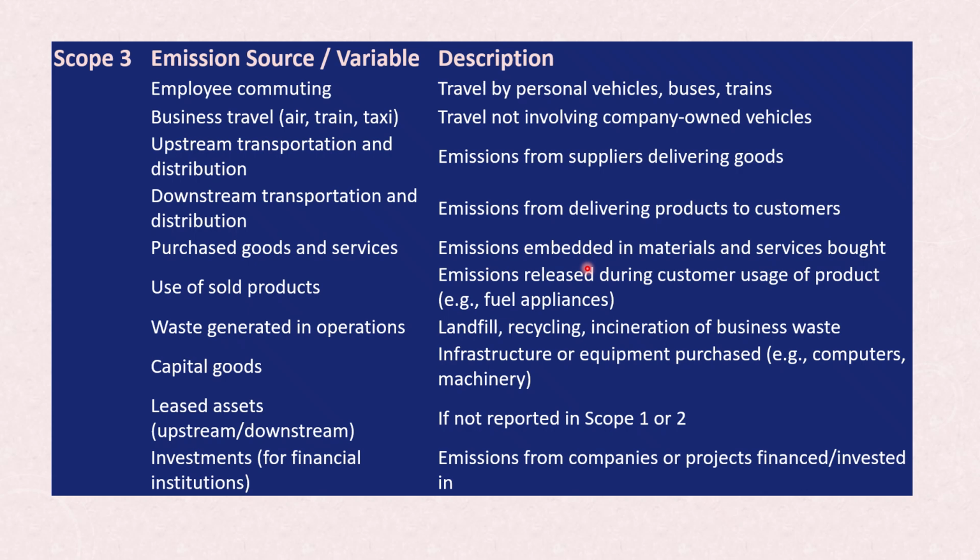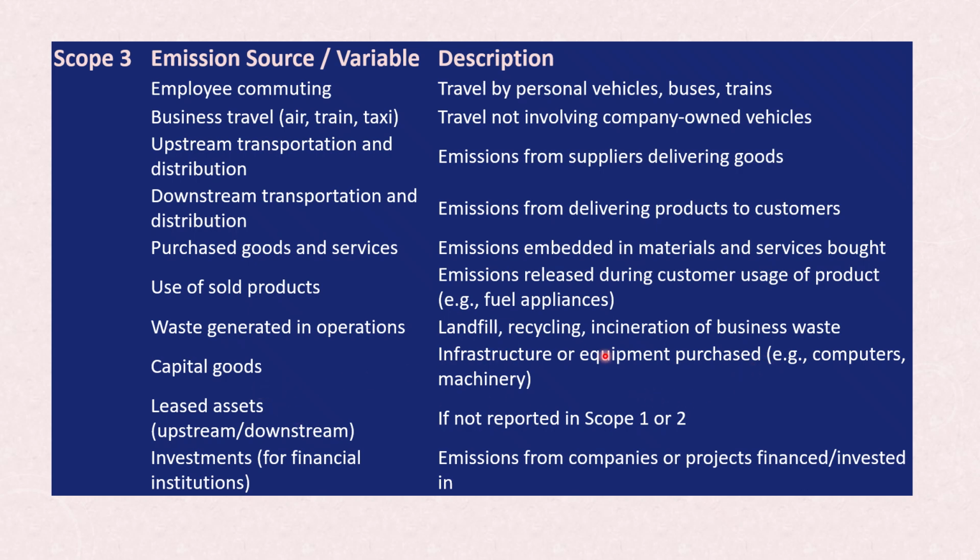Use of sold products: emissions released during customer usage of the product come under Scope 3. The customer is using it and releasing carbon dioxide; for the company it is Scope 3, such as fuel appliances. Waste generated in operations: landfill, recycling, incineration, any method will have its own carbon emission value.